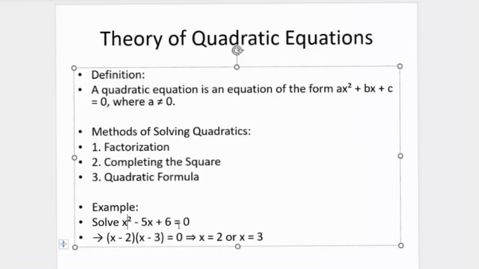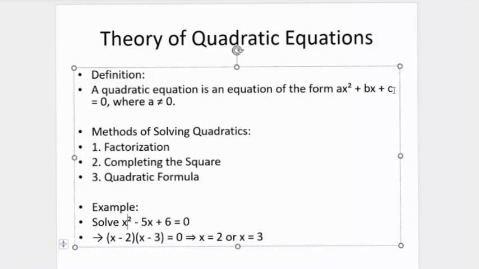Using the factorization method. Remember that for our general form of the quadratic equation, we have ax squared plus bx plus c. So this has a variable, this has a variable, and this is a constant. When you want to do the factorization method, you begin by multiplying the constant a and the constant c.